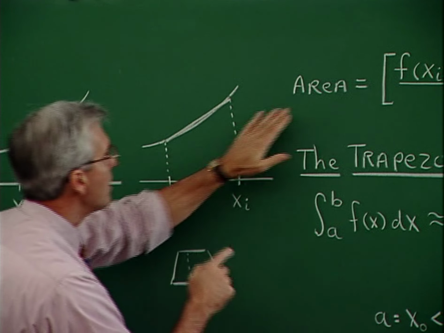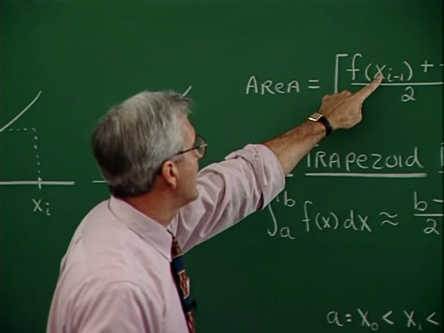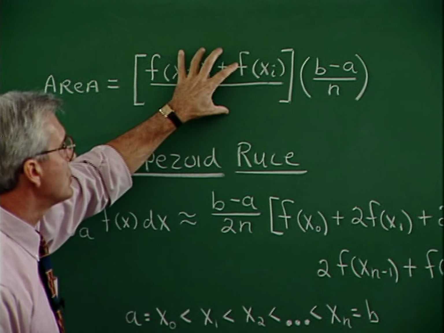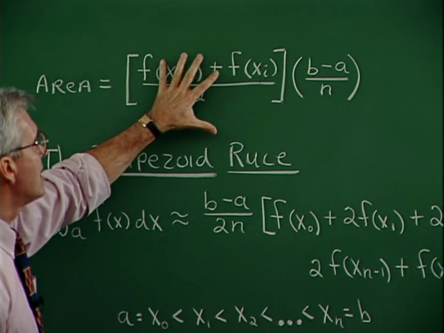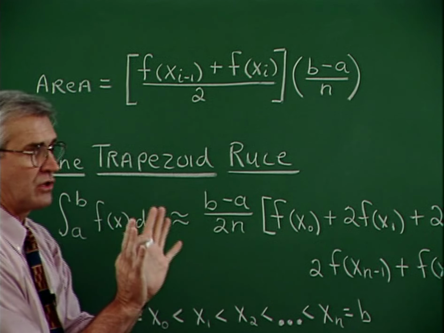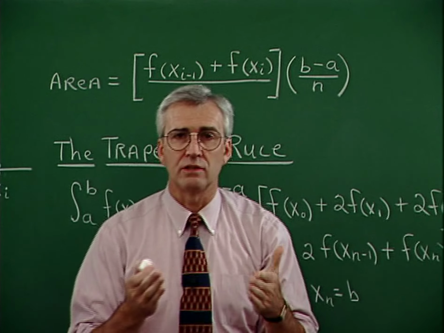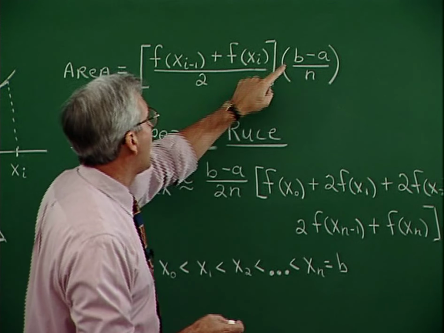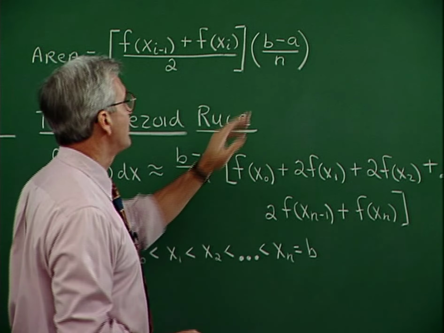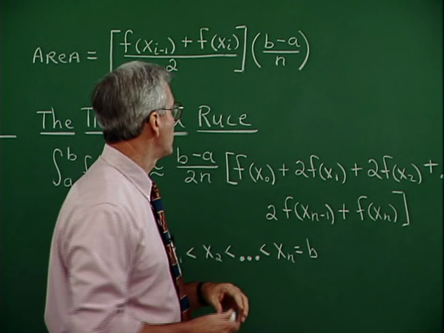So the area then is f of x sub i minus 1 plus f of x sub i, all over 2. This is the average of those two sides. And then we would multiply by the length of the interval. Now, to generalize the situation, the length of the interval is going to be figured early in the problem as b minus a over n. It's the same as x sub i minus x sub i minus 1.